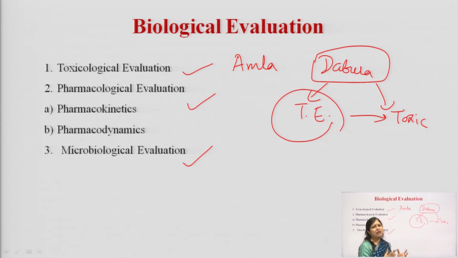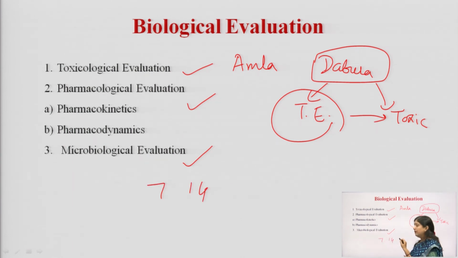So, generally animals like rats or rabbits or mice are used by the pharmacologist or the toxicologist, who give the drug either on a regular basis or a single dose basis, and they will observe the animals for their behavior for a particular period of time, say 7 days, 14 days or even 3 months, depending upon what kind of toxicological studies we are performing.